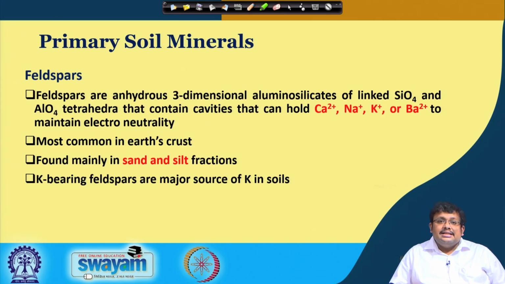Remember that these feldspars are the most common primary minerals in the earth crust, and they are mainly found in sand and silt fractions. They are non-reactive in nature, and the potassium bearing feldspars are the major source of potassium in soils.